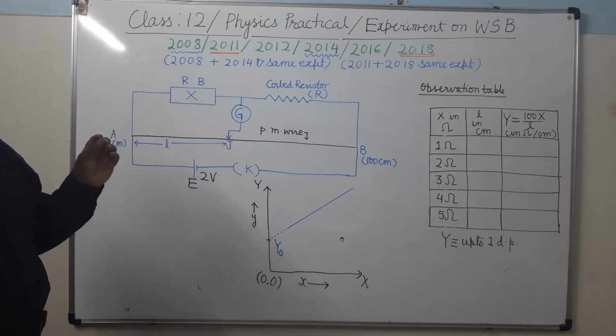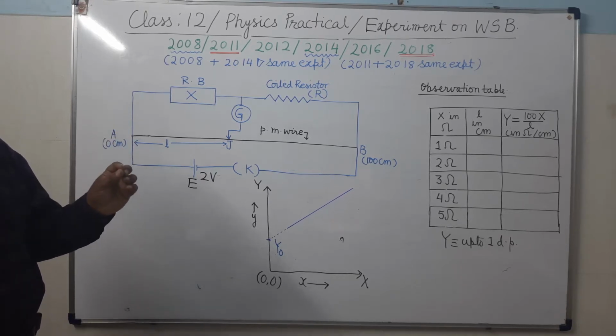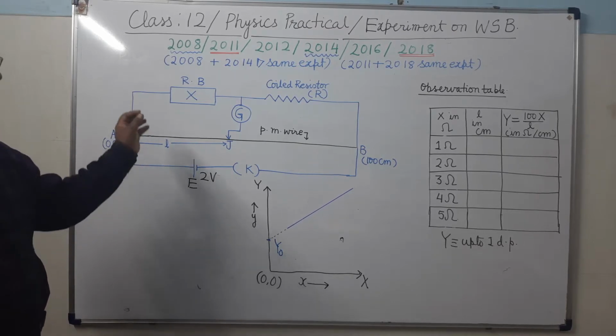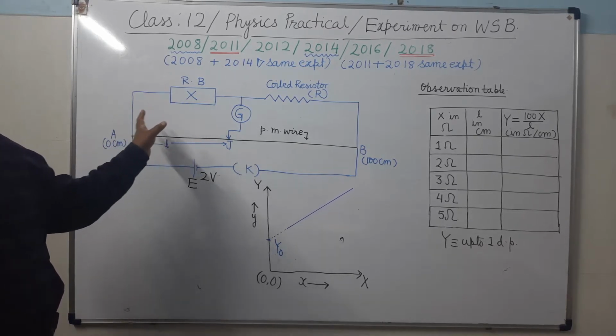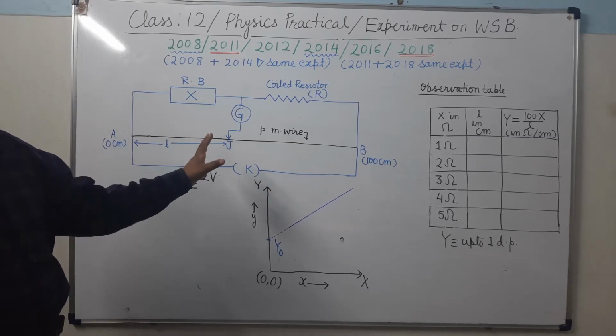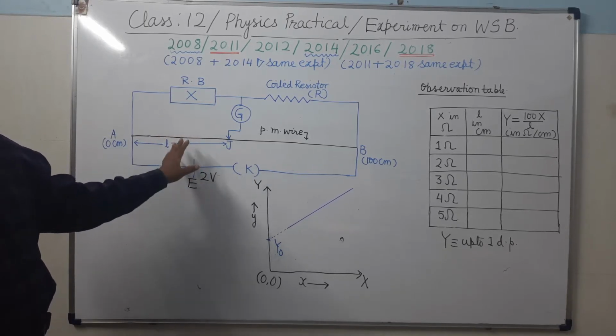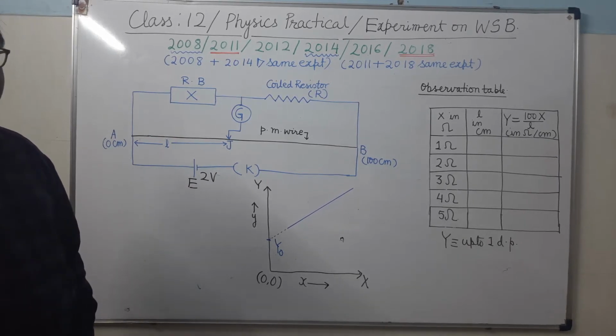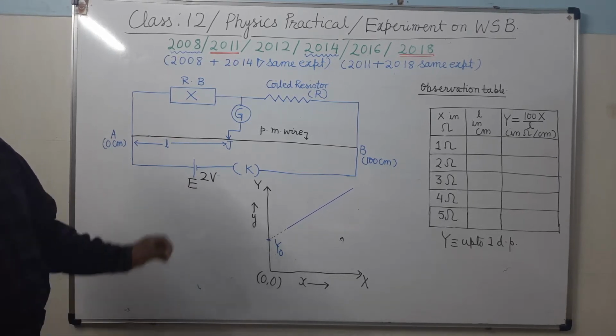Therefore, in 2021 there is a great possibility of a question on the electricity experiment on Wheatstone bridge. This is very important from the point of view of the 2021 examination. It's clear? It can be asked.